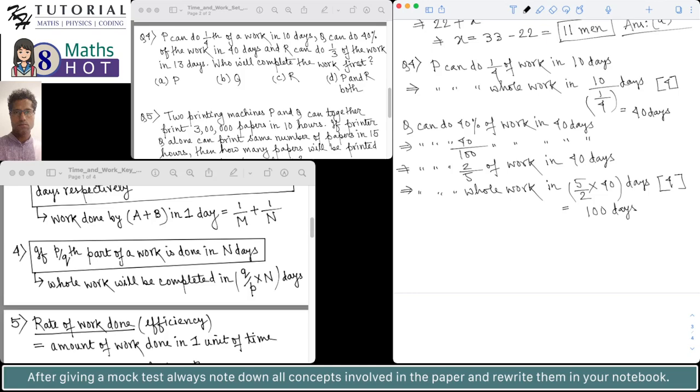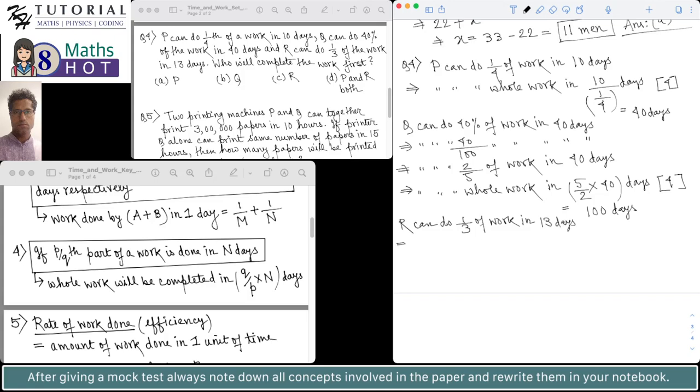Okay. Now we have to calculate for R. It is given R can do 1/3 of work in 13 days.